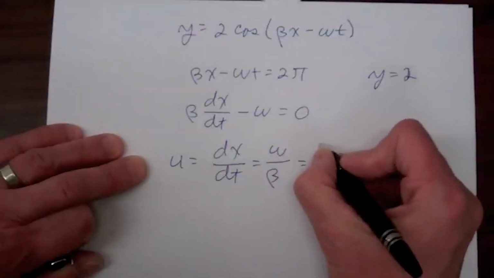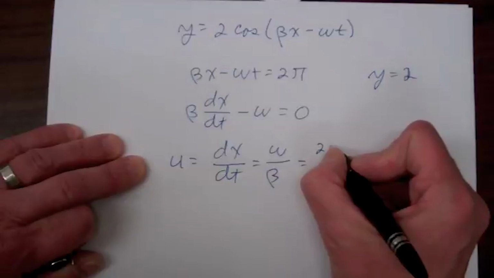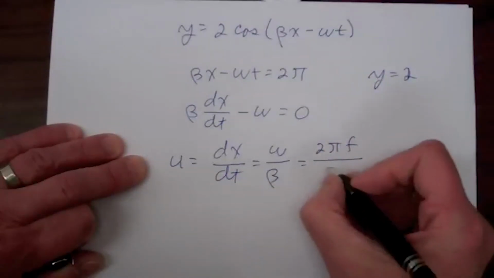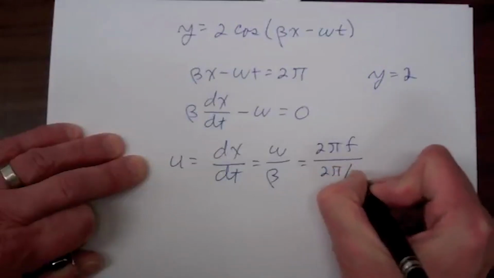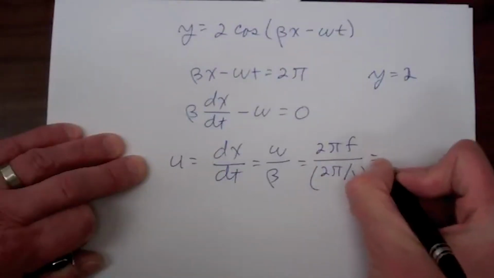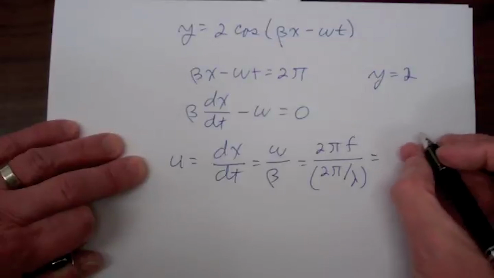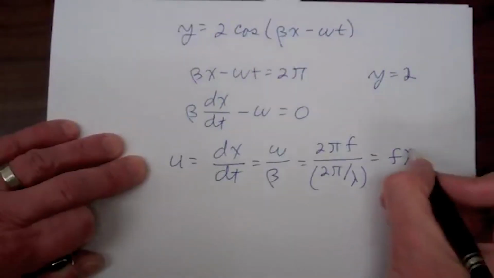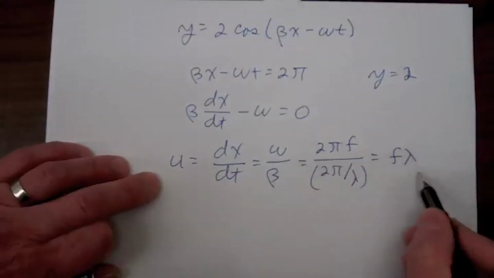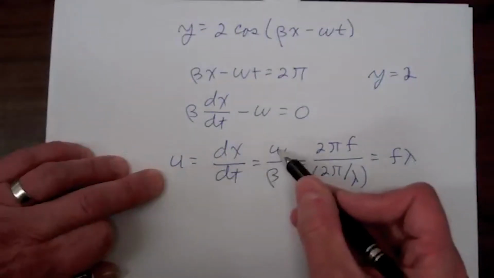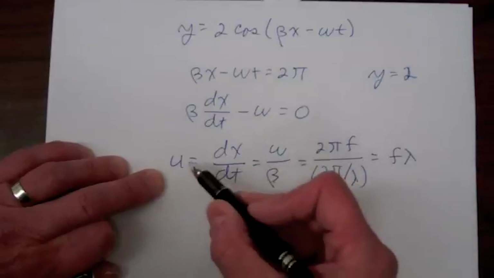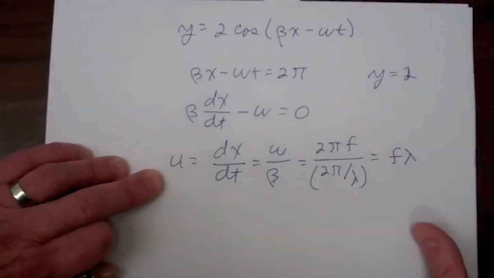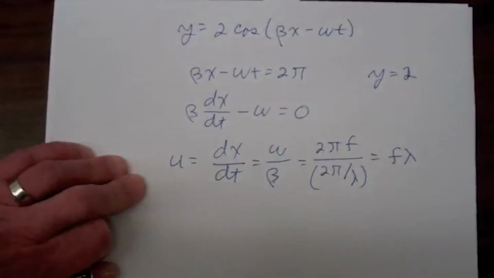And if we write omega in terms of our frequency f, we have 2 pi f over, writing beta in terms of 2 pi over lambda, we get another form for the velocity of the wave as the frequency times the wavelength. So both these expressions are useful, that the velocity is omega over beta, or the velocity is equal to the frequency times the wavelength of our wave.